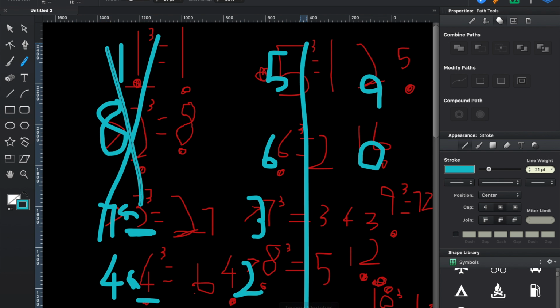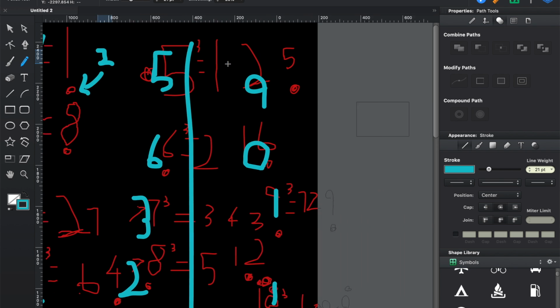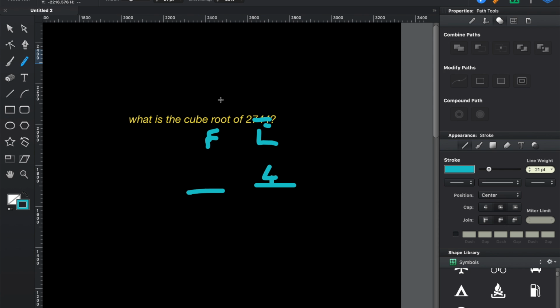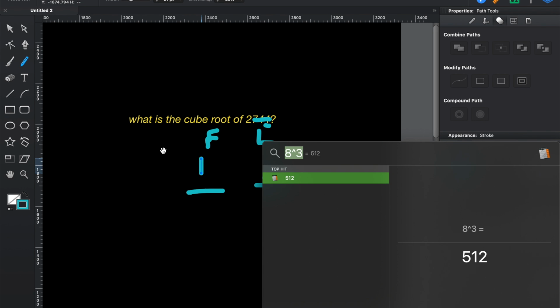You see that 2 is right in between 1 and 8, somewhere right in there. So you're going to take the lower number, so 1. So the answer to what is the cube root of 2,744? That is 14. We can check that.